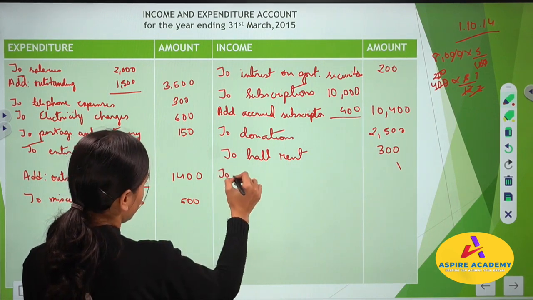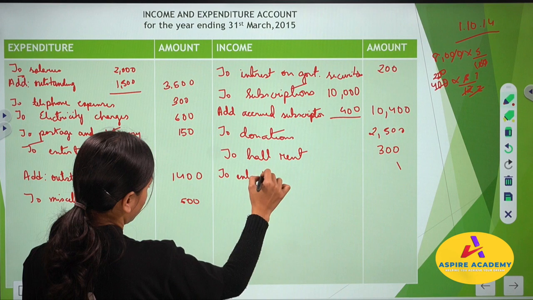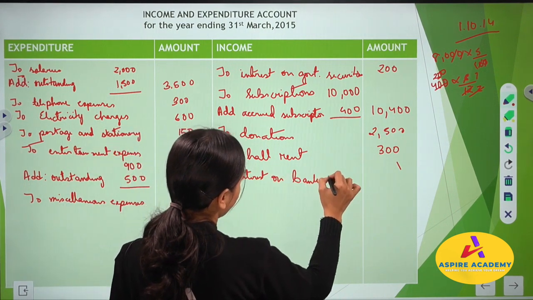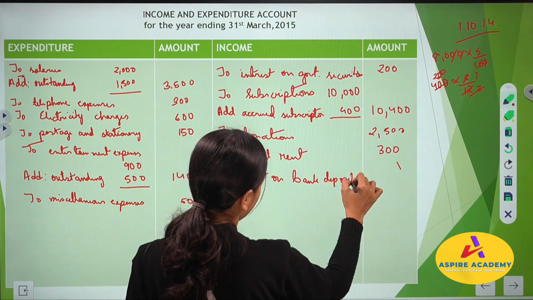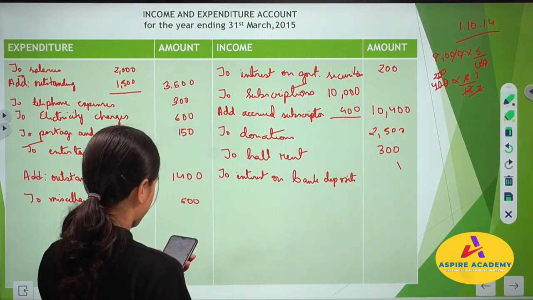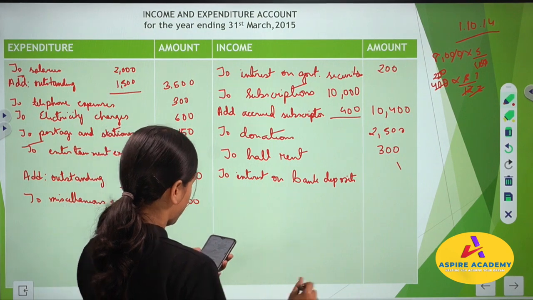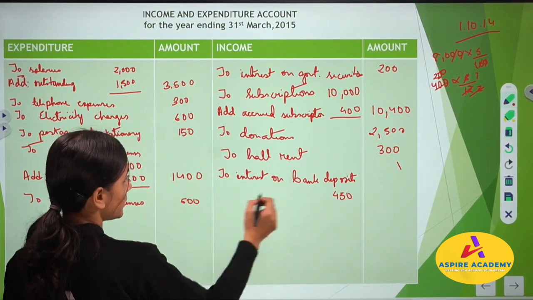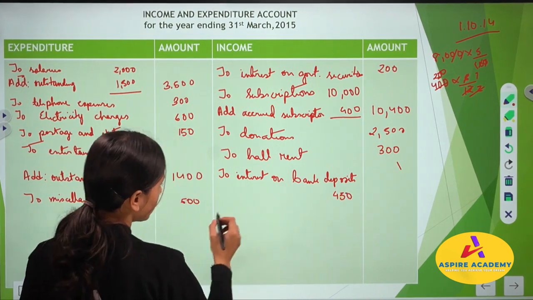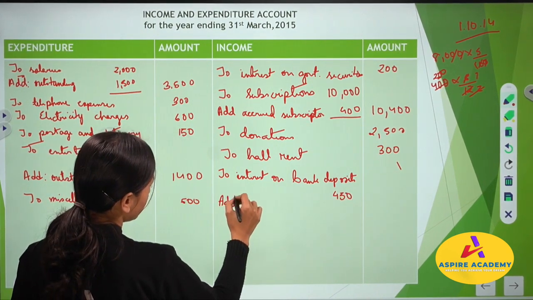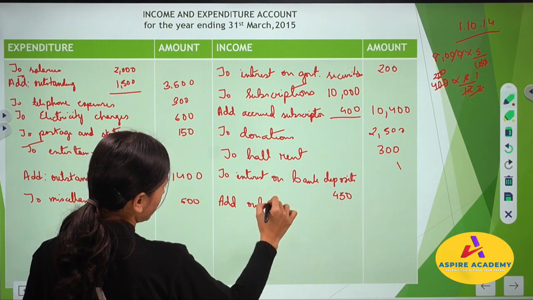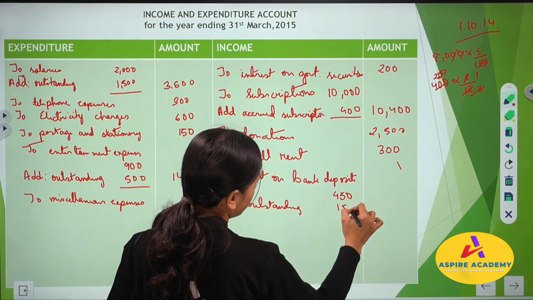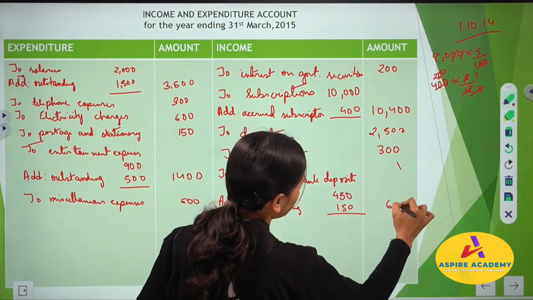Next is interest on bank deposits. That was 450, and we have one receivable, that is your outstanding. So that one also we will add. So outstanding is 150. So the total will be 600.